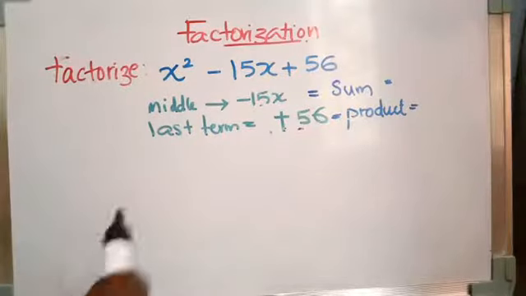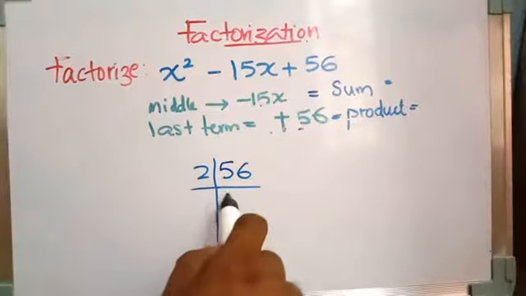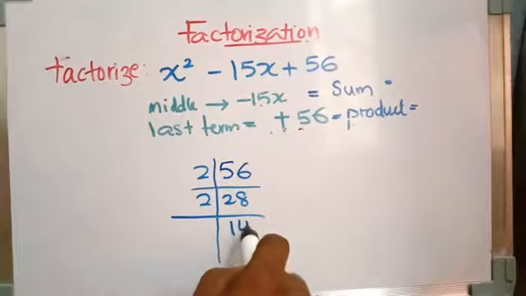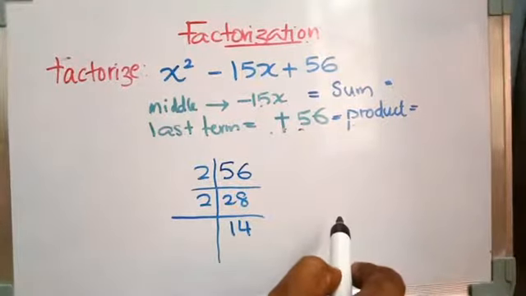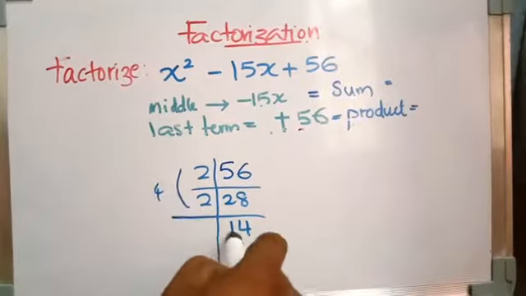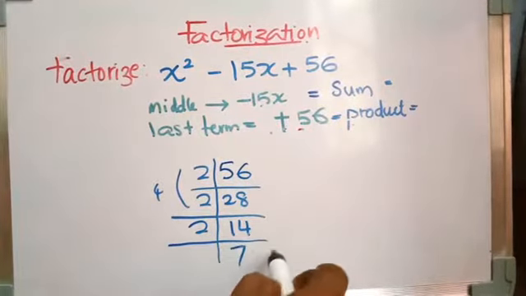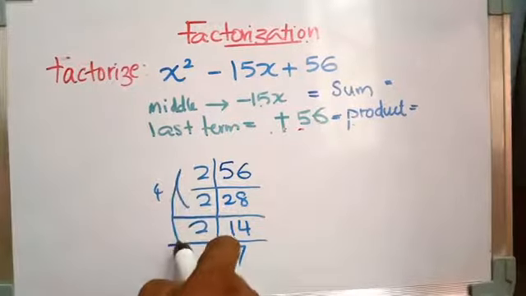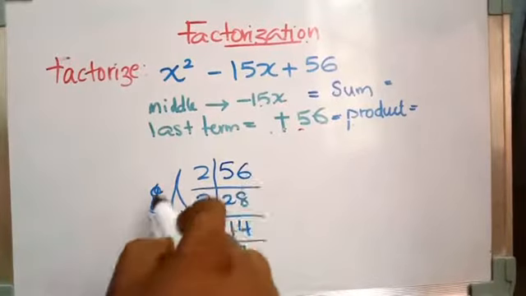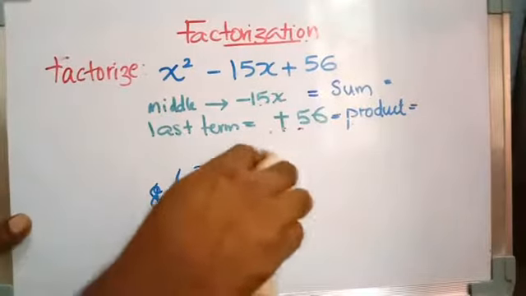If you have any doubt, just go with prime factorization. 2 and 28: anyway, they are not the numbers. 2 and 14: are they? No, because 14 plus 4 is 18. We want 15. So let's take one more. 2 times 2 times 2 is 8, and here it is 7. 8 plus 7 is 15, and 8 into 7 is 56.